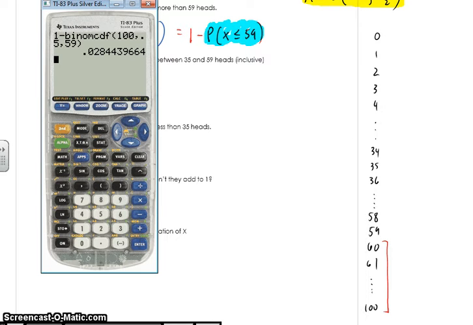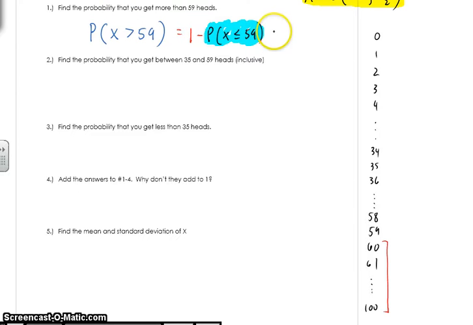Maybe the person's a good coin flipper, maybe the coin's weighted, or maybe it's just luck. There is a 2.8% chance that that would happen. If it happens, yeah, maybe it happens. So here's the answer to number 1. And notice I'm not really writing that binom CDF that I'm doing here because it's not an acceptable way to communicate it in terms of the AP test or in terms of tests in this class. So I'm writing how I'm finding it.